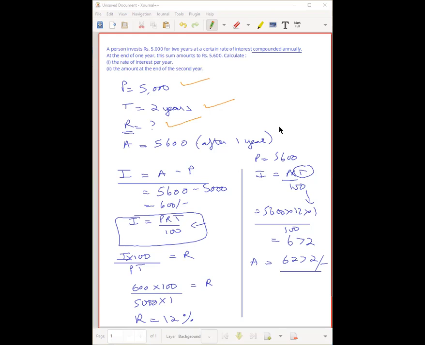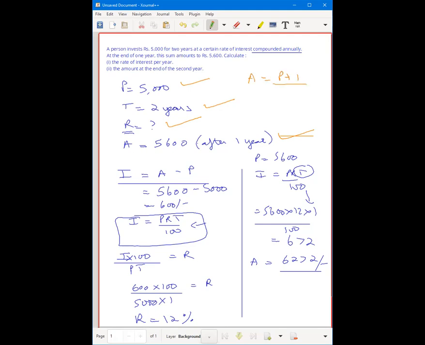And amount for the period of 1 year is given to you. So we also know that the formula A is equal to P plus I. So using this formula, I can know that I is equal to A minus P. So I'll get 600. Is this clear?